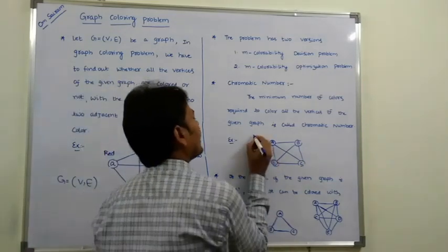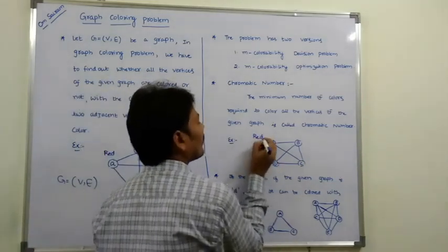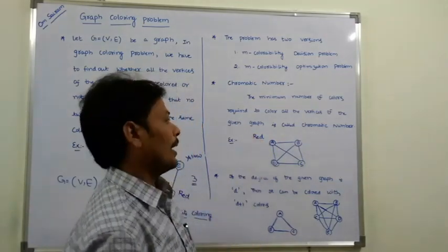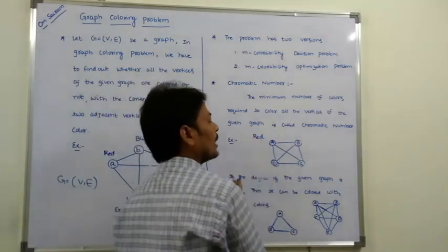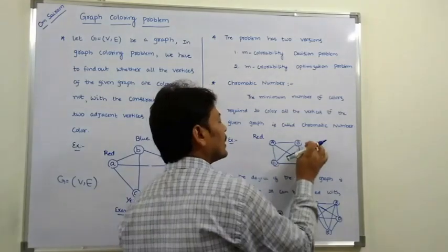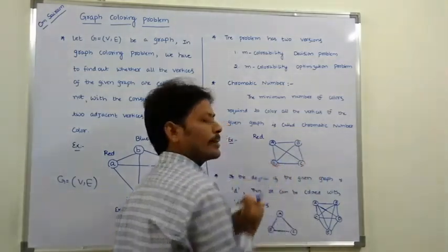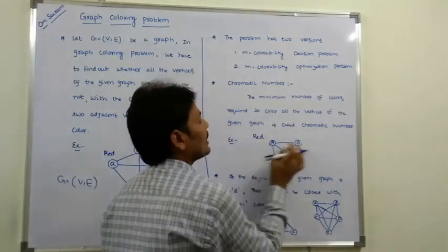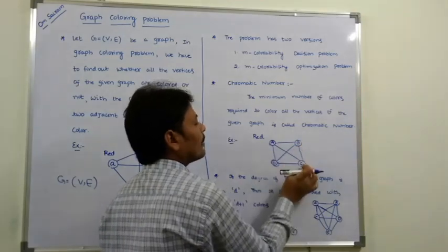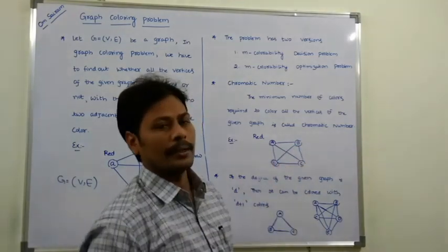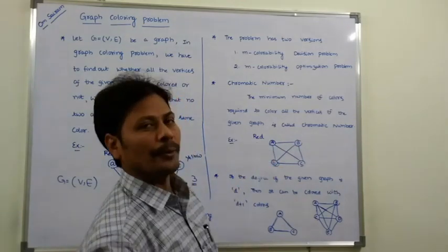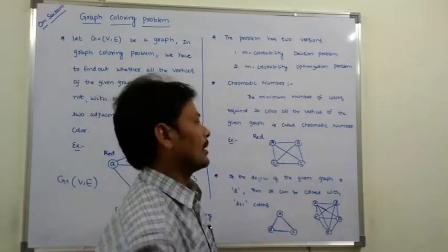Suppose for vertex A, we are using the red color. The same red color cannot be used for vertex B, vertex C, vertex D because A is adjacent to vertex B, vertex C and vertex D. So the same color cannot be used for these remaining vertices.